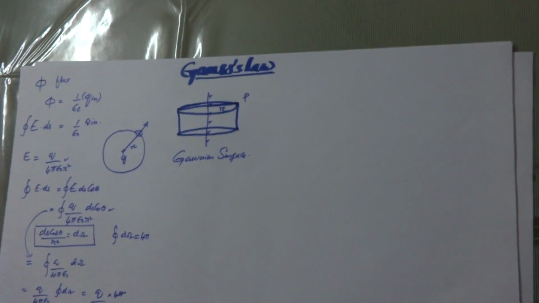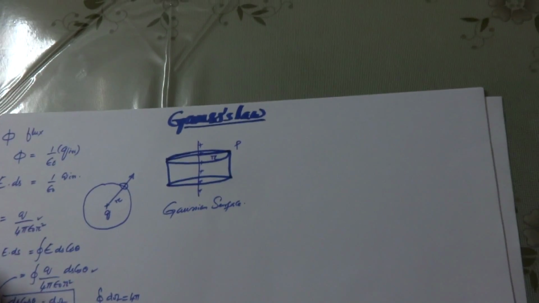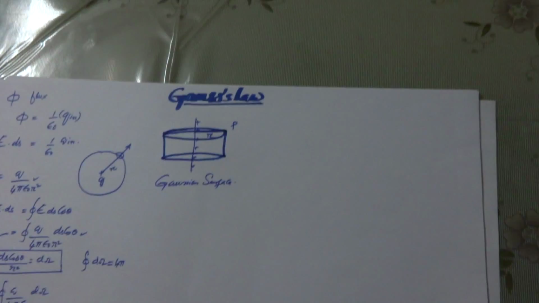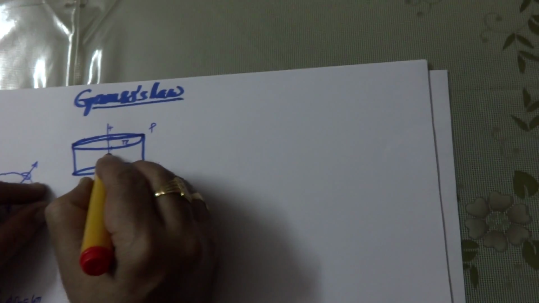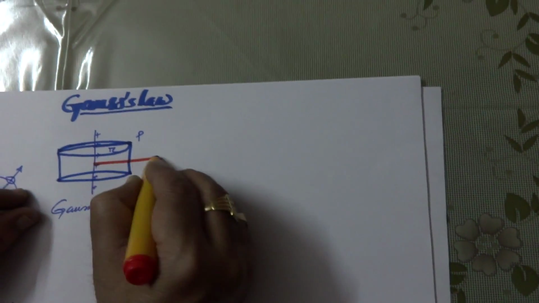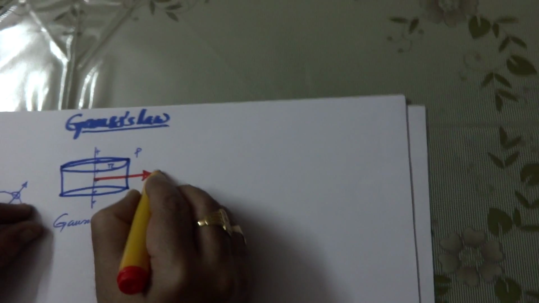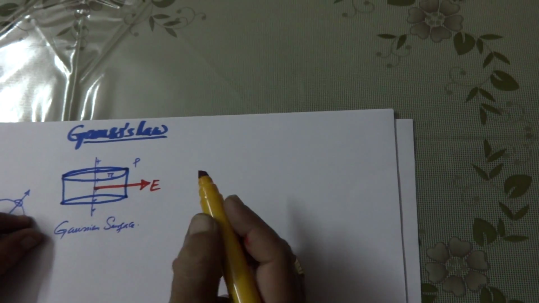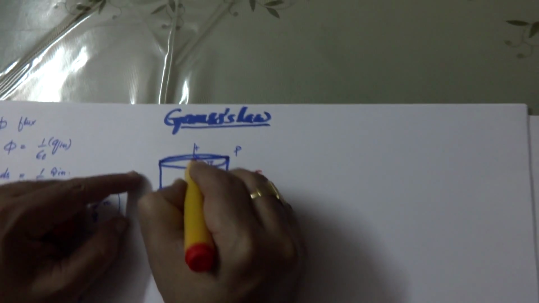Okay, now this cylinder is passing through the point of interest. Here is the direction of the electric field. Now this has three areas.